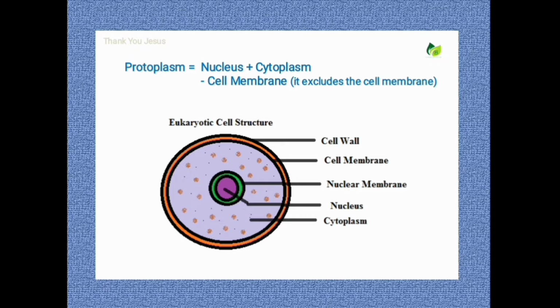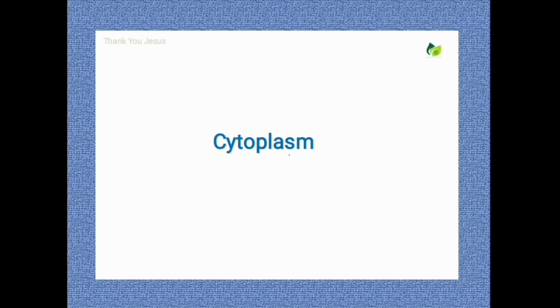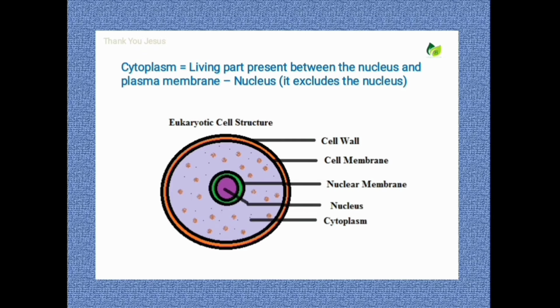Next coming to the next one, that is cytoplasm. Cytoplasm is the extranuclear protoplasm present between the plasma membrane and the nuclear membrane. You can see the picture clearly. It excludes the nucleus.